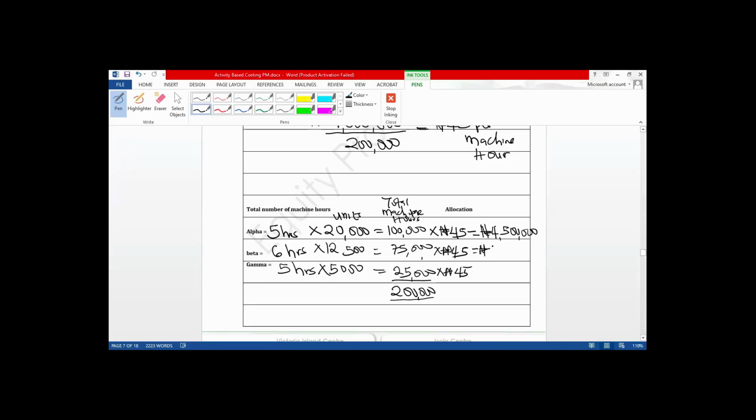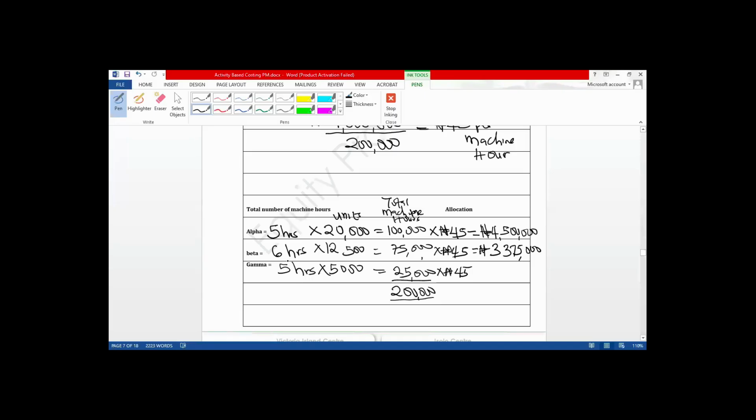This amount is allocated to product Beta. So if you pick that figure directly, no problem. But you are still going to come back here and compute this, because when you get to allocation, you must allocate it.